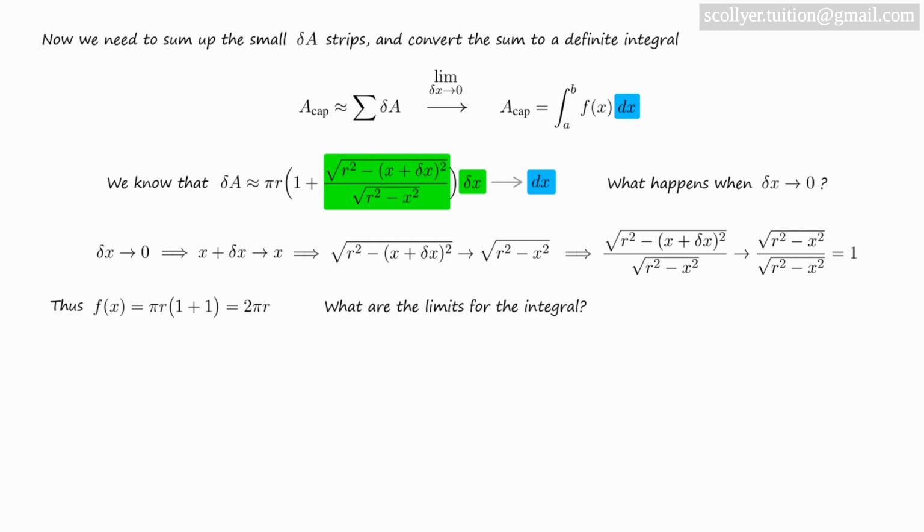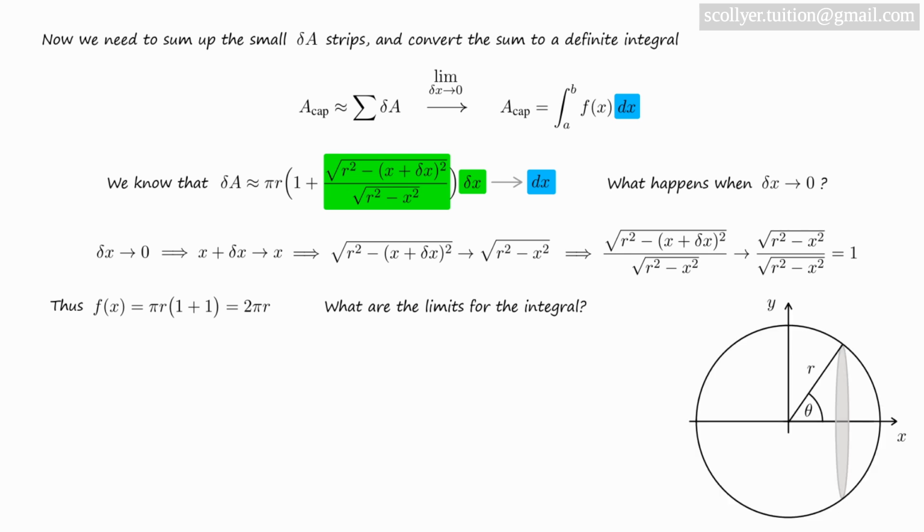And now we need to find the limits for the integral, which will be in terms of x. So here we have a picture of the cap, which extends from an x displacement of x0 to an x displacement of r. And so the lower limit is x0 and the upper limit is r.